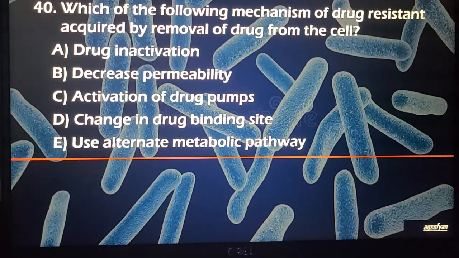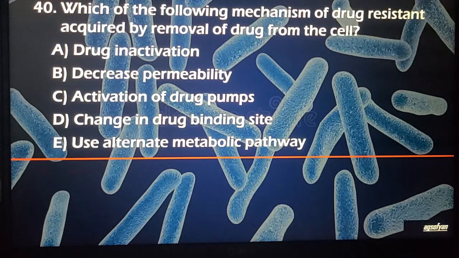Number 40. Which of the following mechanisms of drug resistance is acquired by removal of drug from the cell? A. Drug inactivation, B. Decreased permeability, C. Activation of drug pumps, D. Change in drug binding site, or E. Use alternate metabolic pathway.